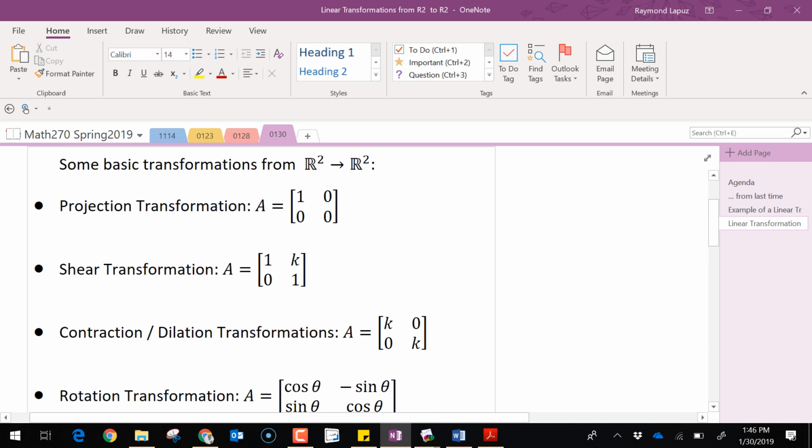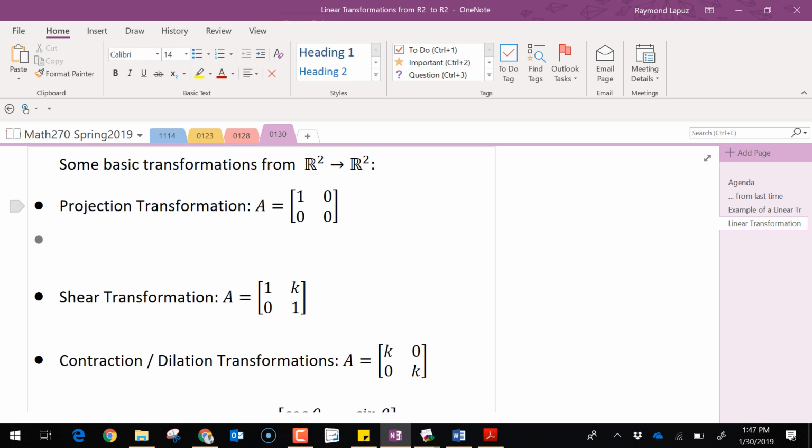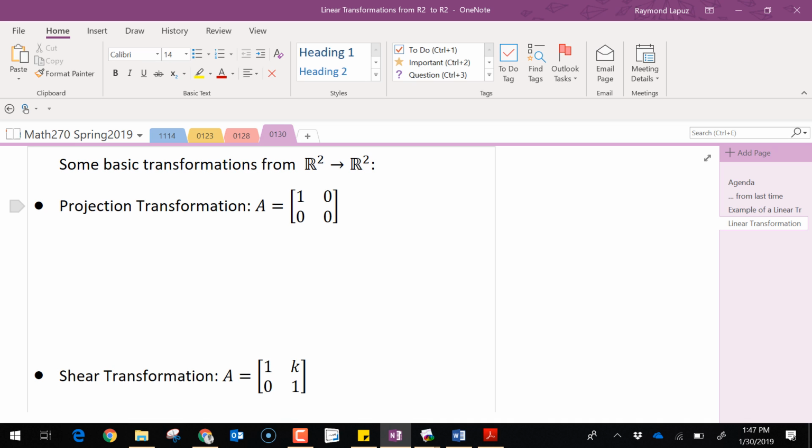So the first type of transformation is projection transformations. Can you imagine what happens to this if you think about this as a transformation going from R2 to R2? Let's see what happens. So remember, the thing to do is to try to visualize this.